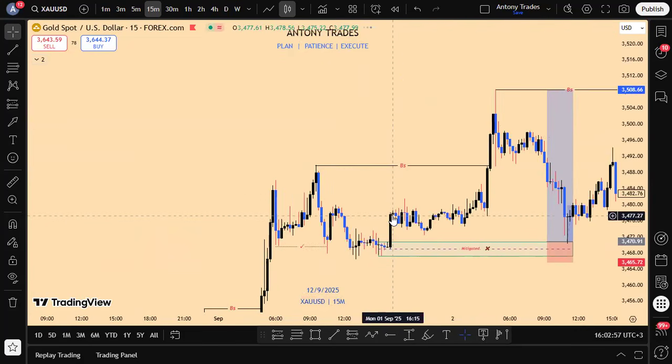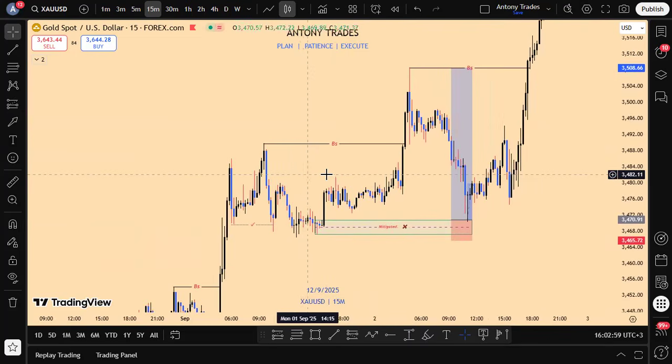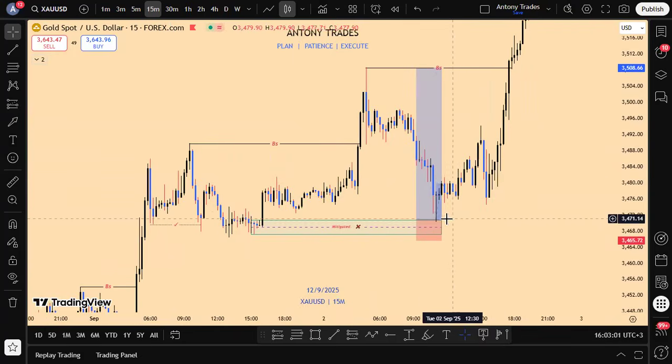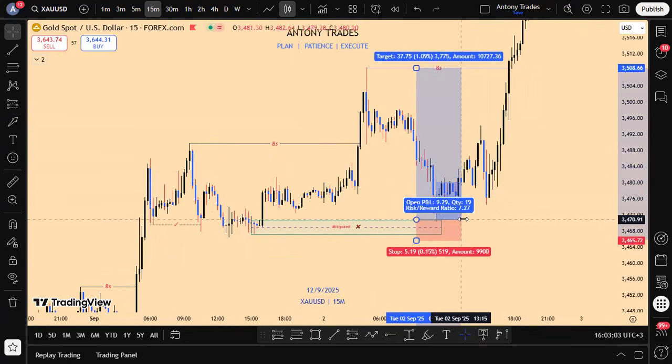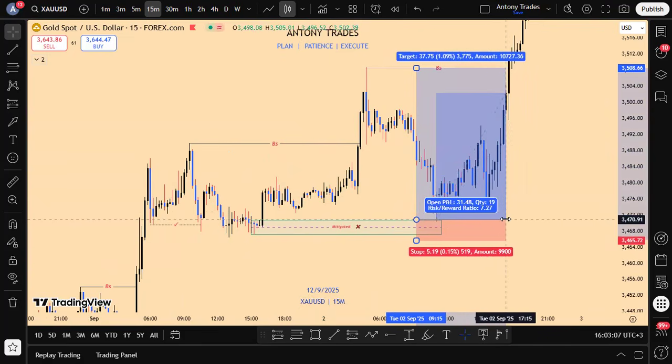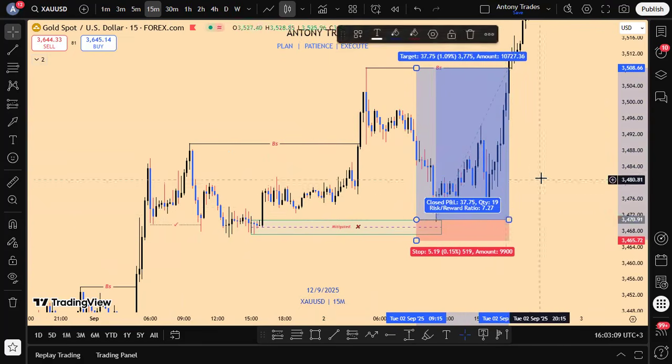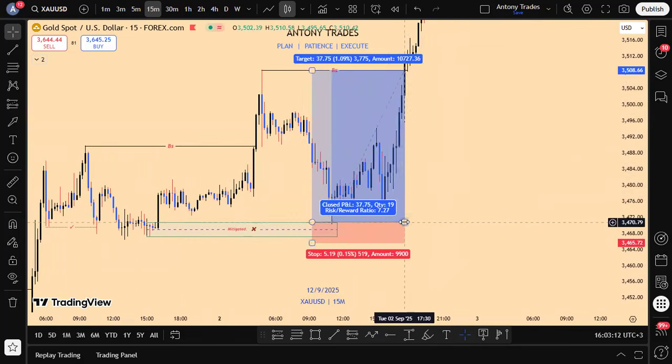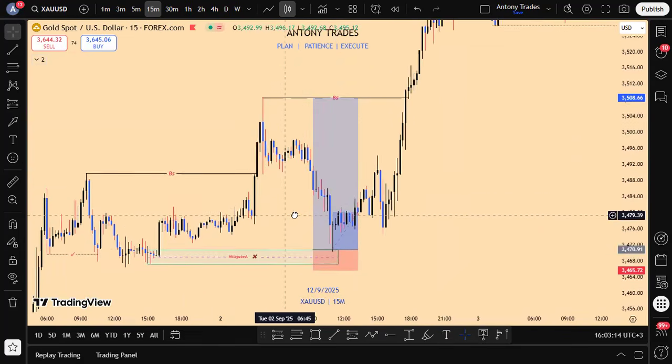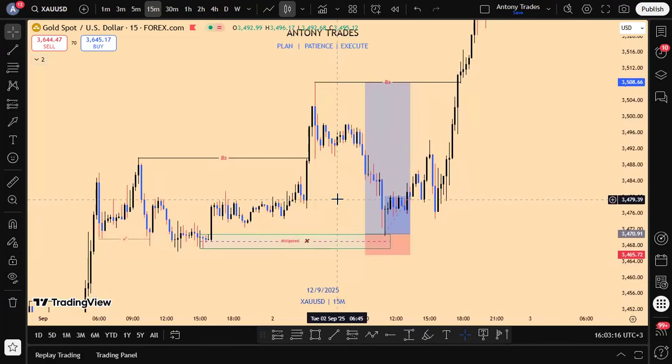So guys, if you practice this strategy, if you practice this trading plan, I can promise you for sure you will be profitable and you will be making a lot of money from the market. And still, another point to put across, this one does not have limitation in every chart.